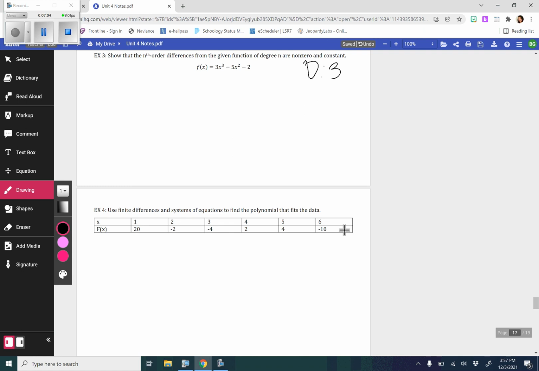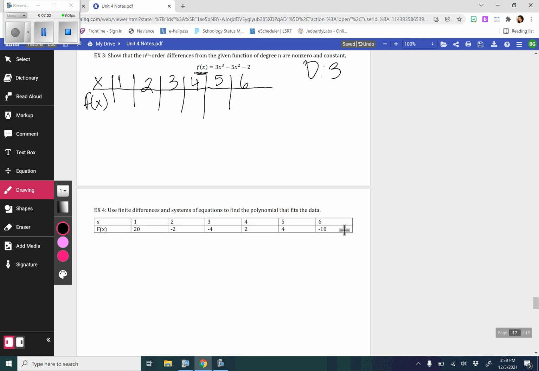Okay, so remember we need to do an XY table. So I got X. They use f of X, so I'm going to use that, kind of use what they give to you. And remember, we're always going to start at 1 here. So I'm going to do 1, 2, 3, 4, 5, and 6. You always want to go up to 6 because that gives you enough, especially with your third degree. And if we ever get a problem where it's a fourth degree, you get enough.